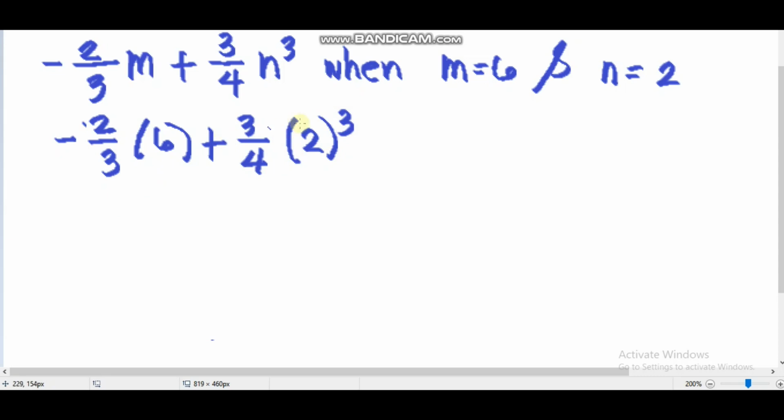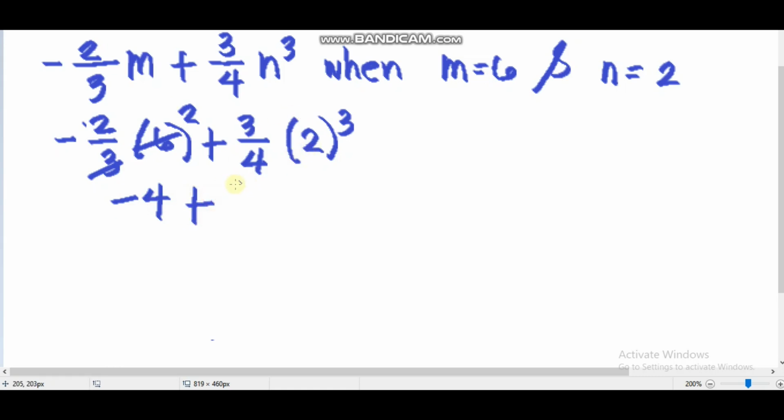So, the first thing to do, since this is another term and another term, we can directly evaluate this. You can also do the cancellation method here. So, 6 divided by 3, that is 2. You just multiply. You will have negative 2 times 2, that is negative 4.